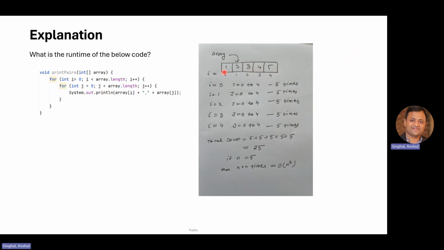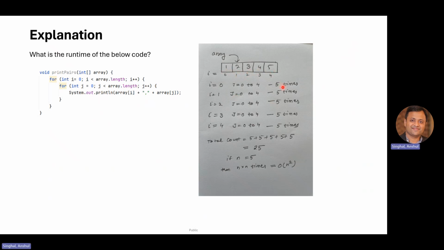Now in this example, if we want to calculate the total count of how many times we are printing this statement, it is 5 times for the first index, then 5 times for the second index, 5 times for the third index, 5 times for the fourth index, and 5 times for the fifth index.